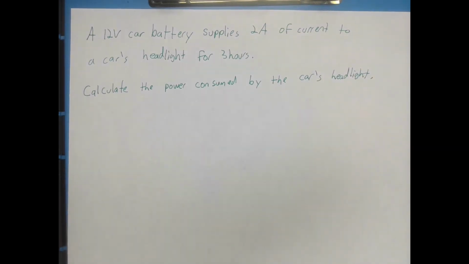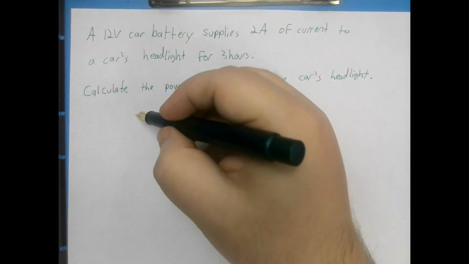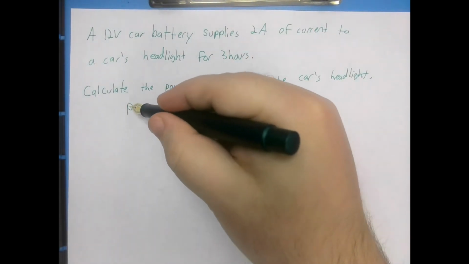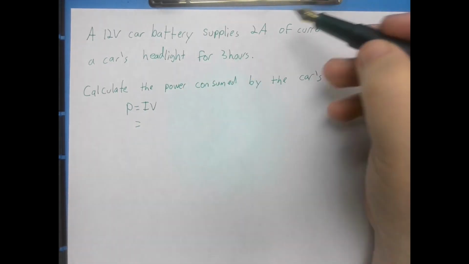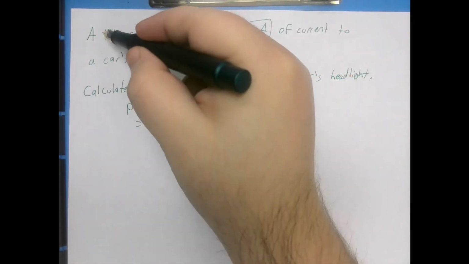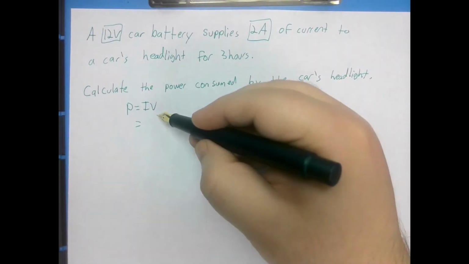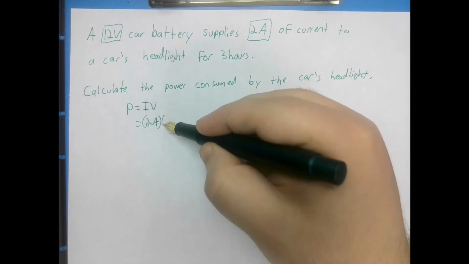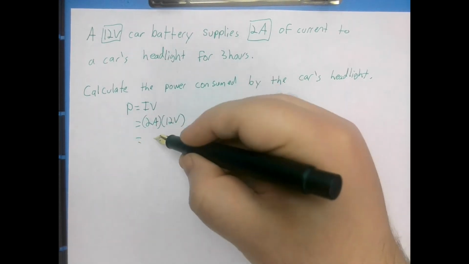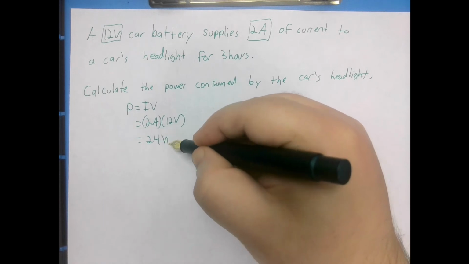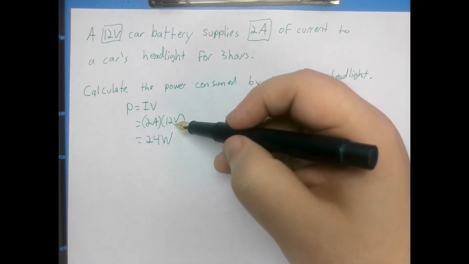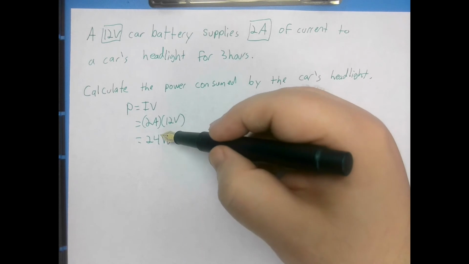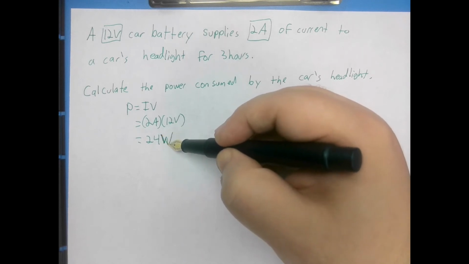So calculate the power consumed by the car's headlight. So we know power is current times voltage. Our current is 2 amps. Our voltage is 12 volts. So 2 amps times 12 volts. That's 24 watts. As long as we're not in milliamps or kilovolts or anything like that, as long as it's amp times a volt, power is watts.